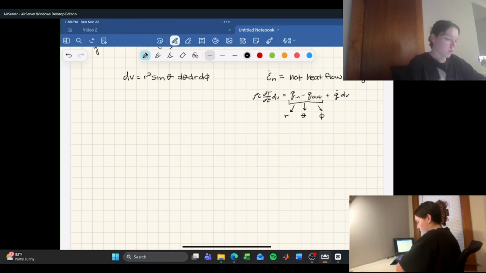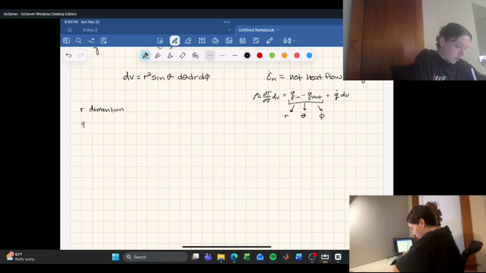So looking in the radial, or the r dimension, we know from the previous videos that we can say that the heat flow at some position is going to be equal to the heat flow at the position that we know plus the change in heat flow over the change in position times the overall change in position.